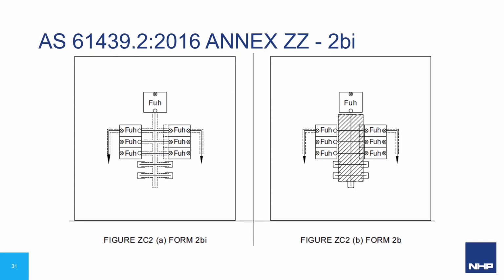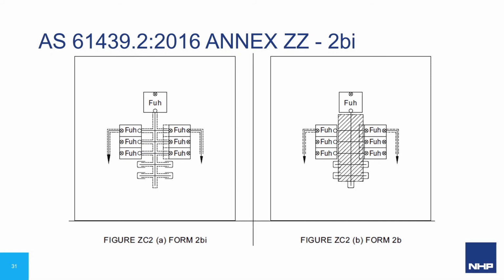While it is possible to offer Form 2B as per the above diagram on the right with an encapsulated chassis, 2BI will usually be nominated in case insulated cable or bus bar needs to be part of our distribution system, such as for metering requirements or to join multiple chassis together.